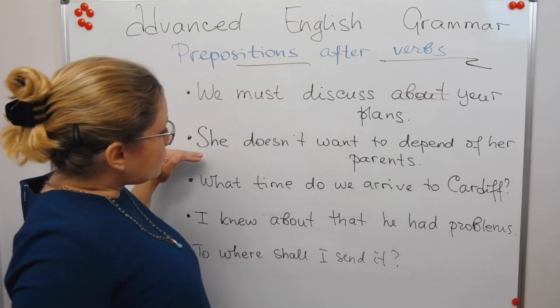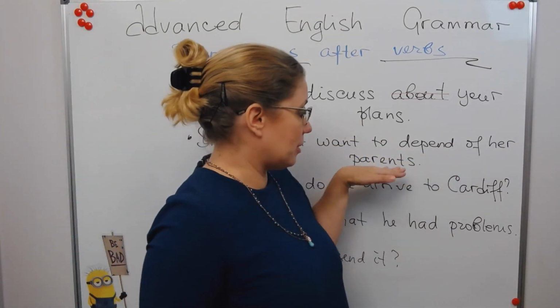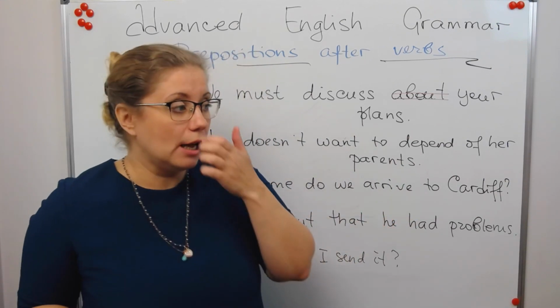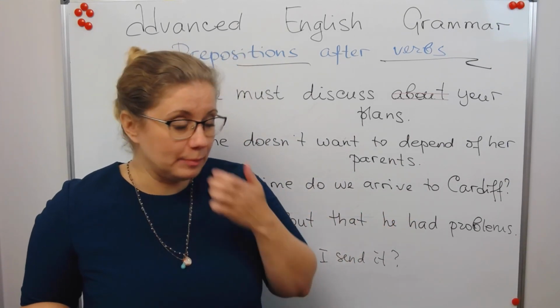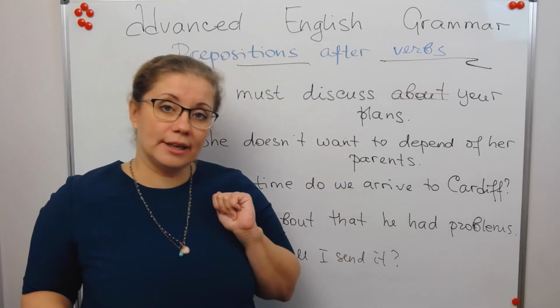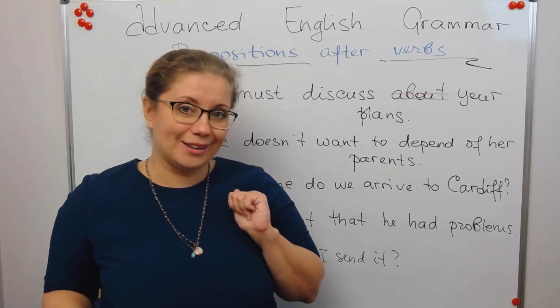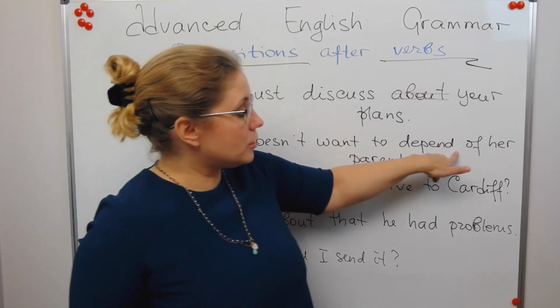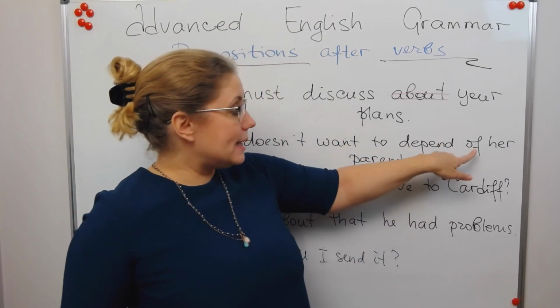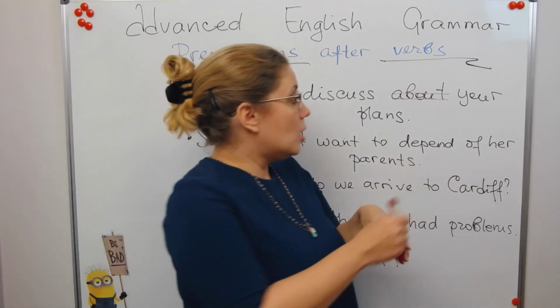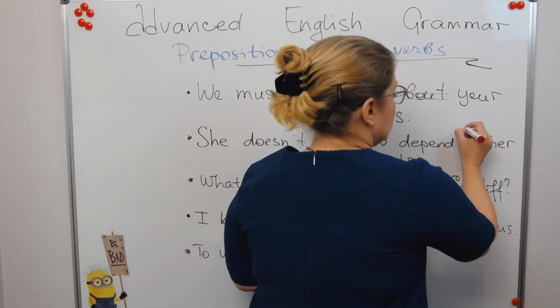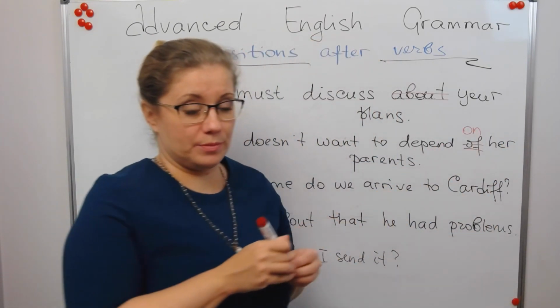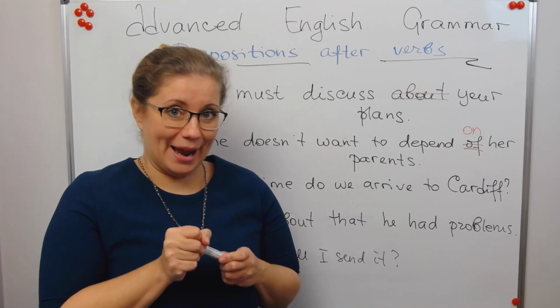The next one. She doesn't want to depend on her parents. So the verb depend here means financially. And, can you spot the mistake here? It is also a very typical one because a lot of people I know say "depend off," whereas in English it is a different dependent preposition after the verb depend.